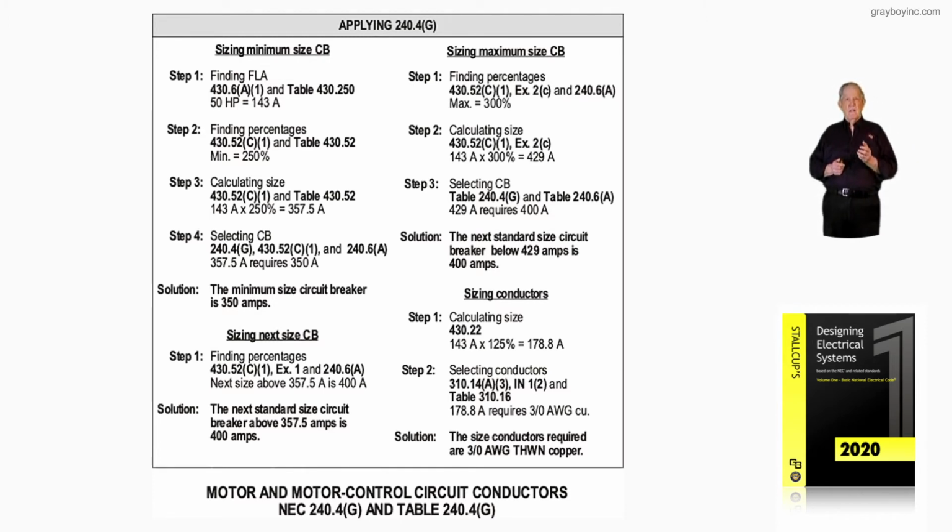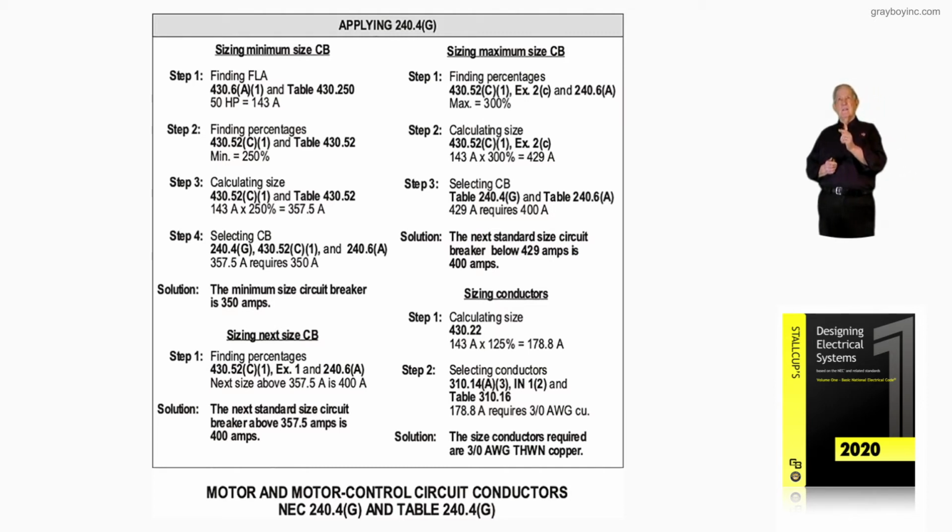So the next standard device rounding up is 400, rounding down is 350. And that's what this illustration now is showing for this motor using a circuit breaker.